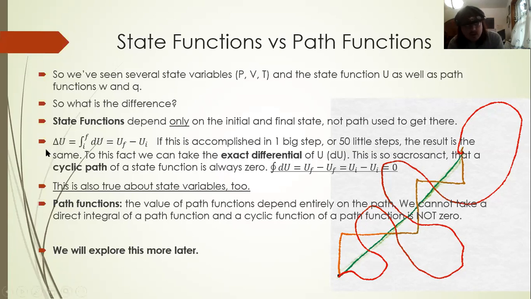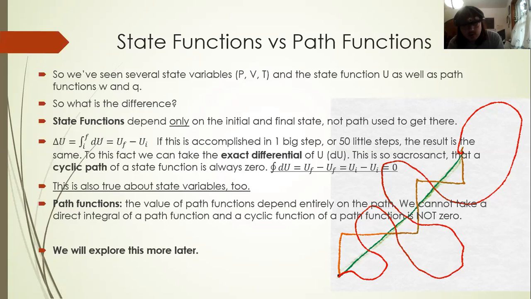The idea that internal energy is just a function, the integral of the change in U. So you have U_F minus U_I, final internal energy minus the initial internal energy. If you do it in one big step or 50 little steps, you get the exact same number. This is an exact differential, so we can know the exact value of this.